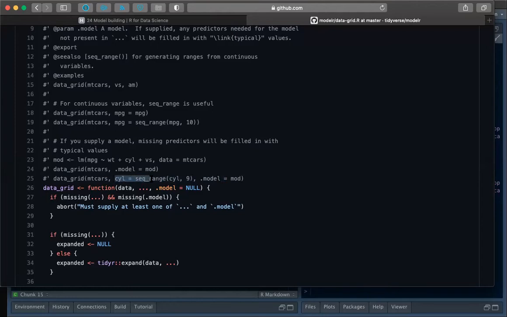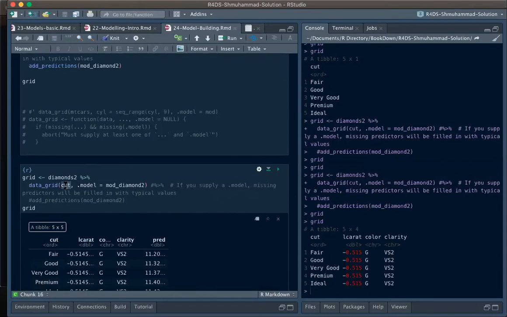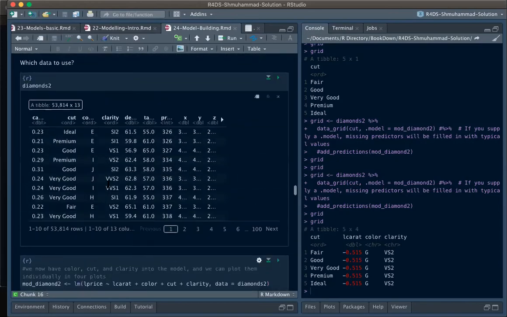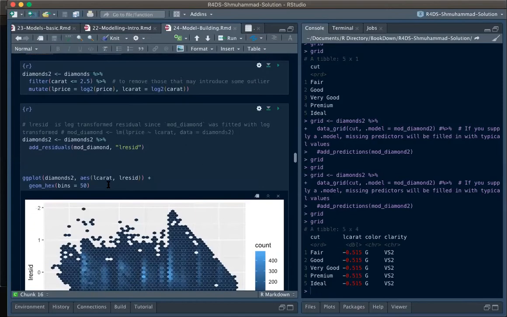If you look at the previous one here, we have this, which is the data, what we want to use, and we have this. Let me look at the data grid, the previous one we used.